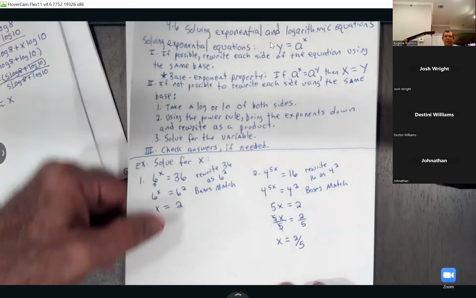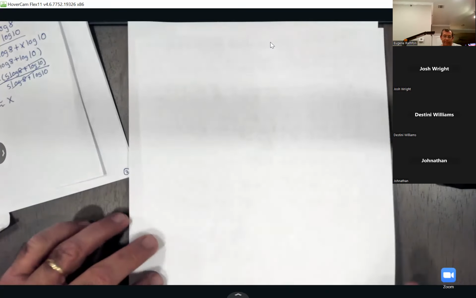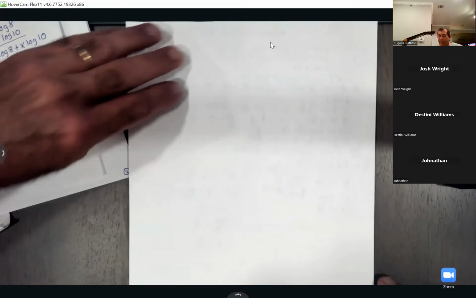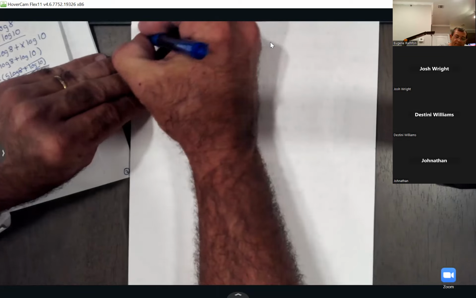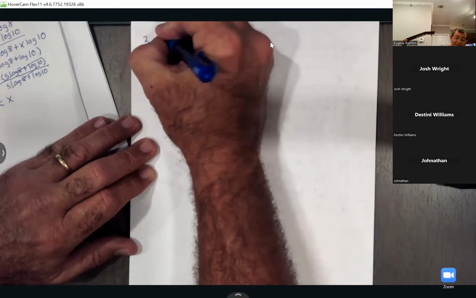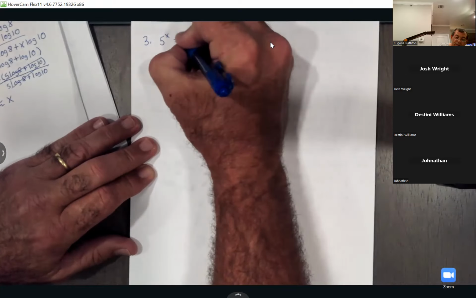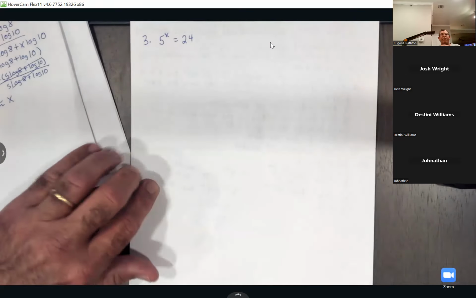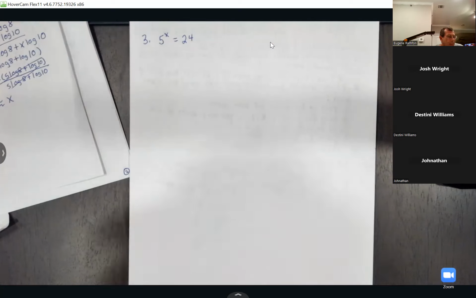All right, y'all. So here we go for our next problem. How about 5 to the x equals 24? Can you rewrite 24 with a base 5 raised to an exponent?